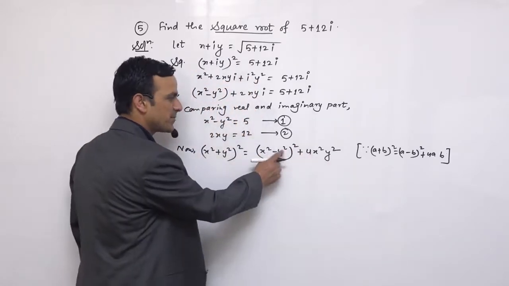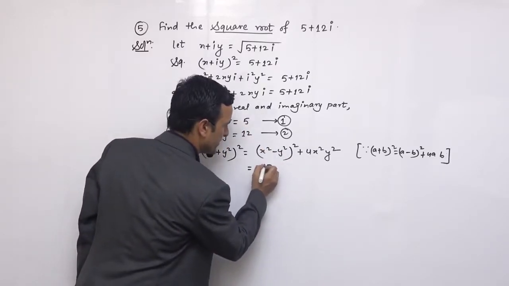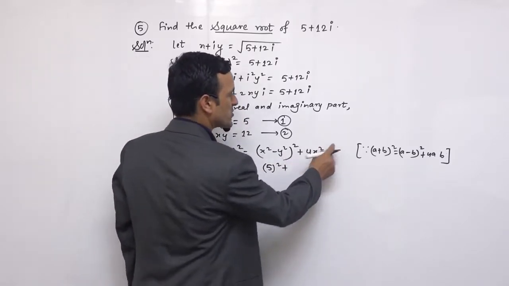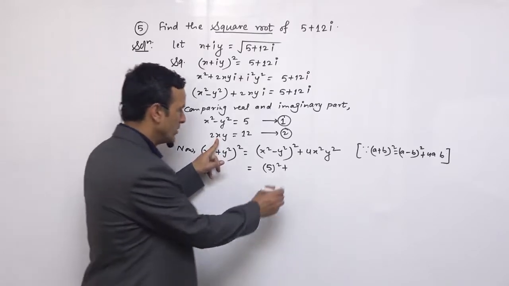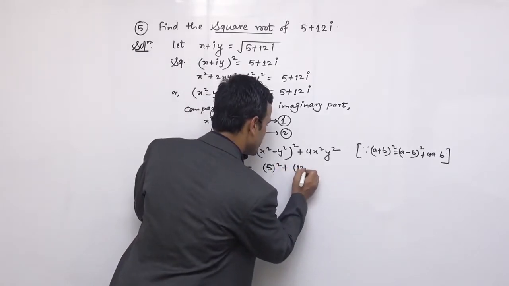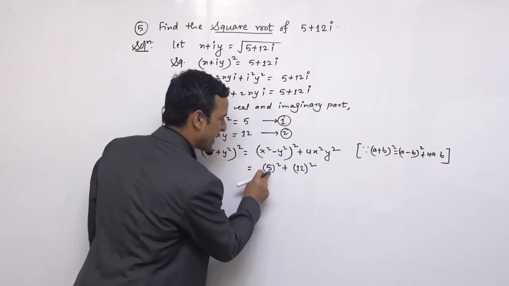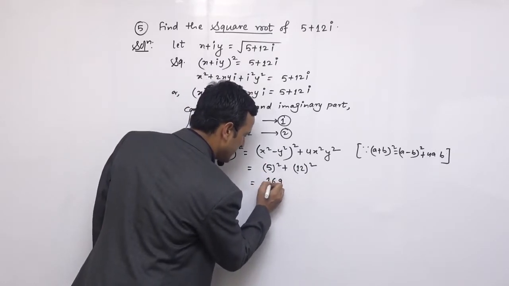Here a means x square, b means y square. So substituting the values, 5 square plus 4x square y square, which means (2xy) whole square, which is 12 square. Now 25 plus 144 means 169.